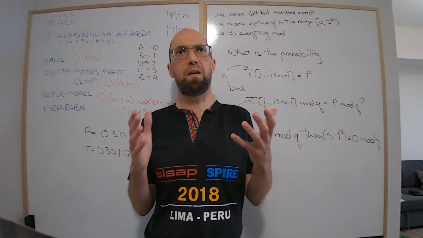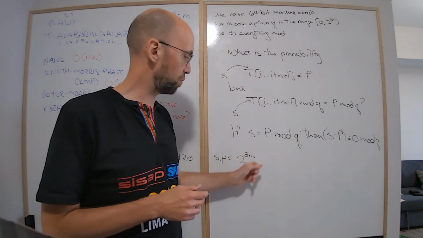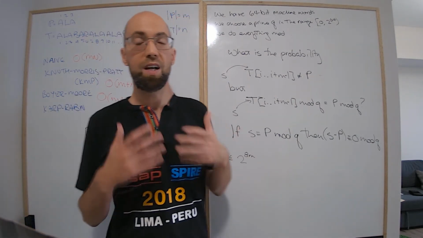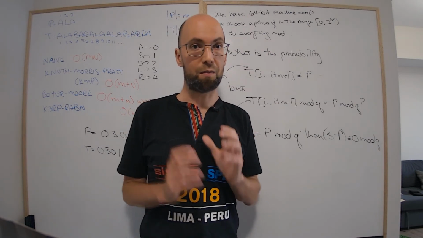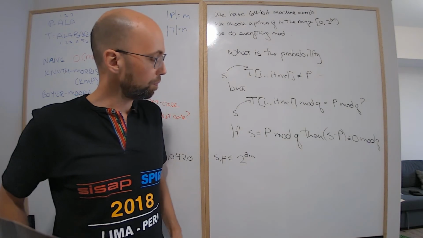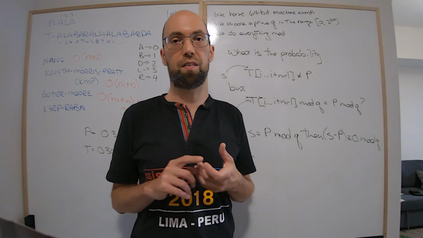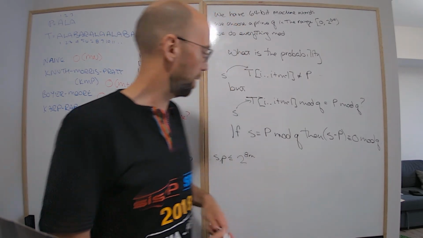Well, not so many, right? Because how many distinct primes can you multiply together until you get something bigger than this? If you're multiplying the smallest primes you can, in order to multiply as many of them as possible without going over this limit, then you would do 2 times 3 times 5 times 7 times 11 times 13.